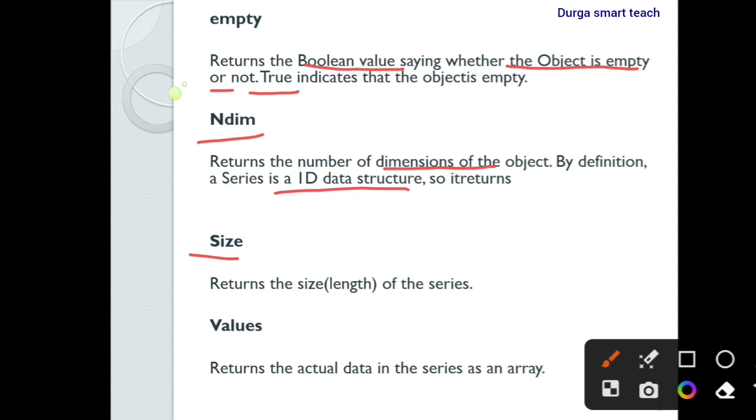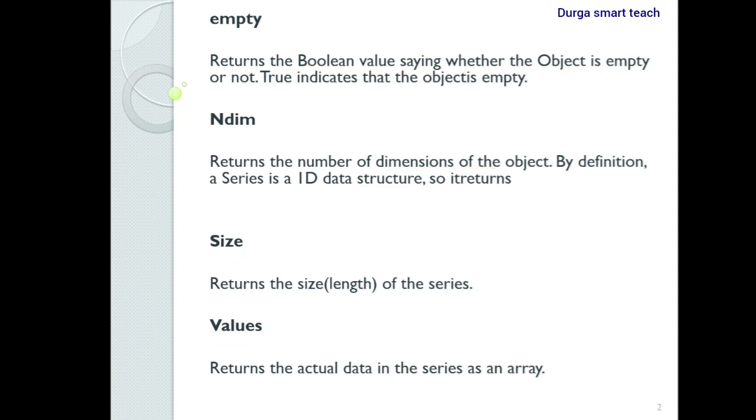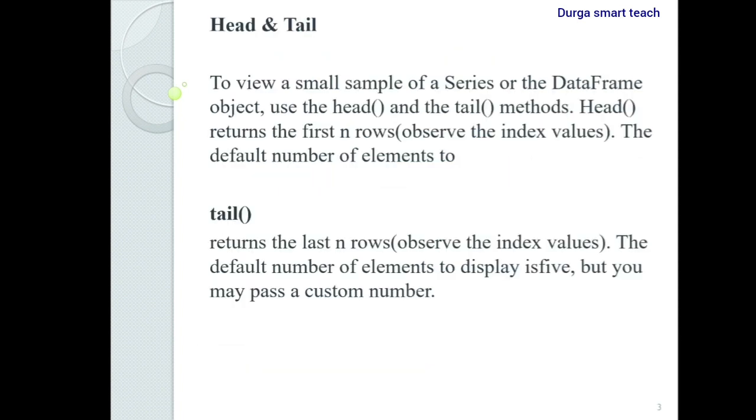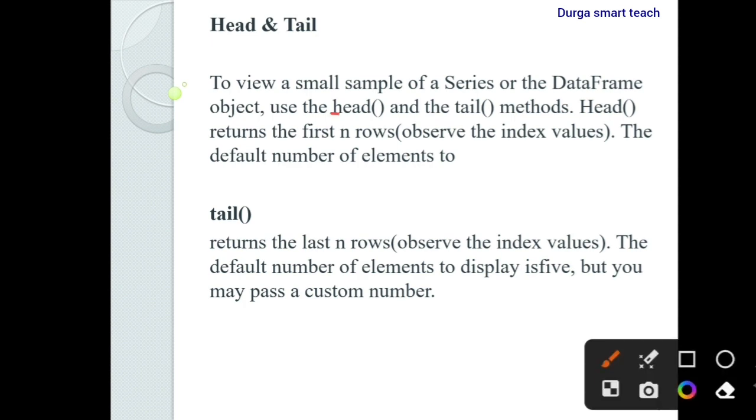Next one is size. Size is used to return the length of the series, meaning the number of values. Values is used to return the actual data in the series. Next, head and tail. We already discussed that head is a function and tail is a function. The head function is used to return the first n number of rows and tail is used to return the last n number of rows.